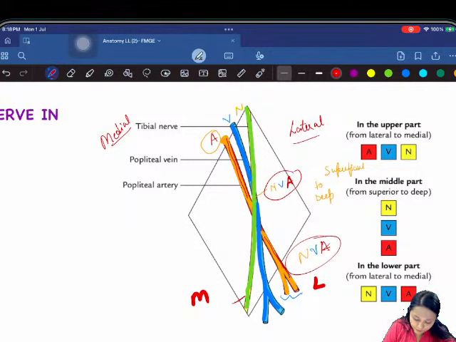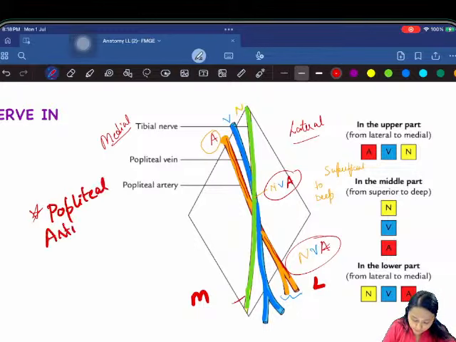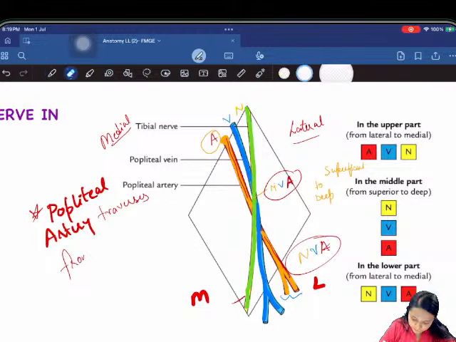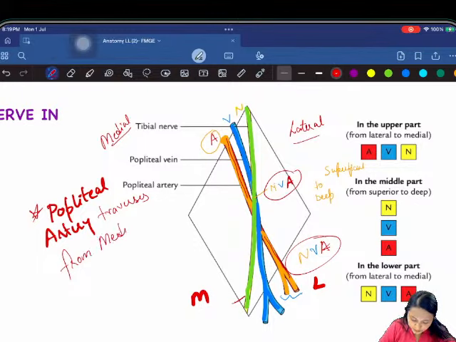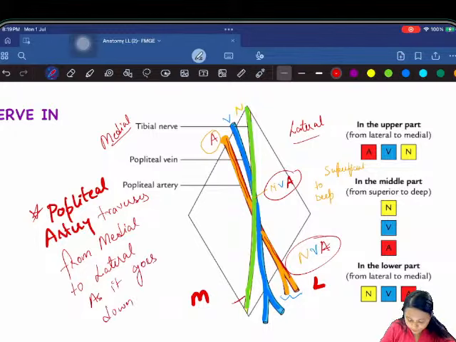So just try to remember one thing, that the popliteal artery traverses from medial to lateral as it goes down the fossa.